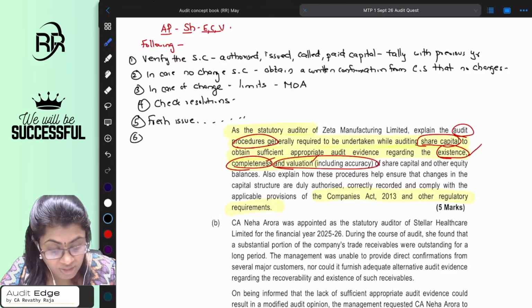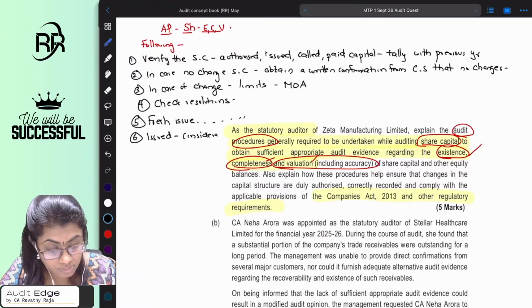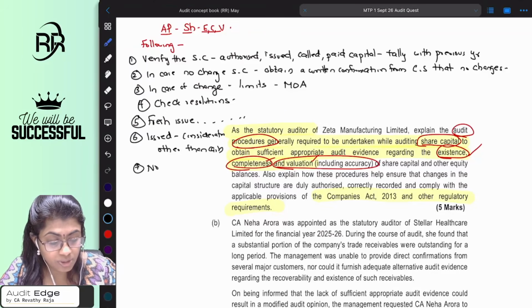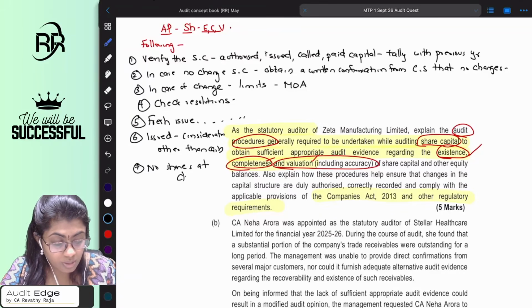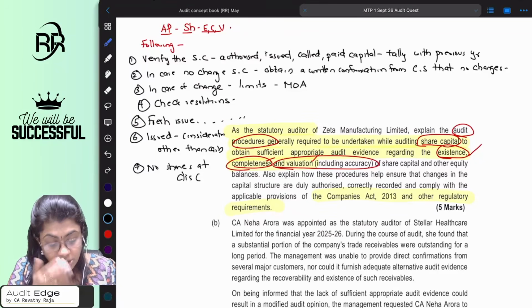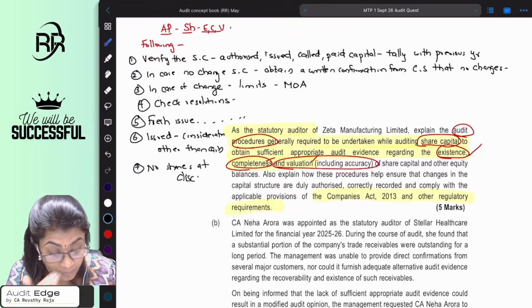Then whether shares are issued for consideration other than cash, that should be checked. Then no share should be issued at discount. There's a section: no share should be issued at discount, as per section 53.